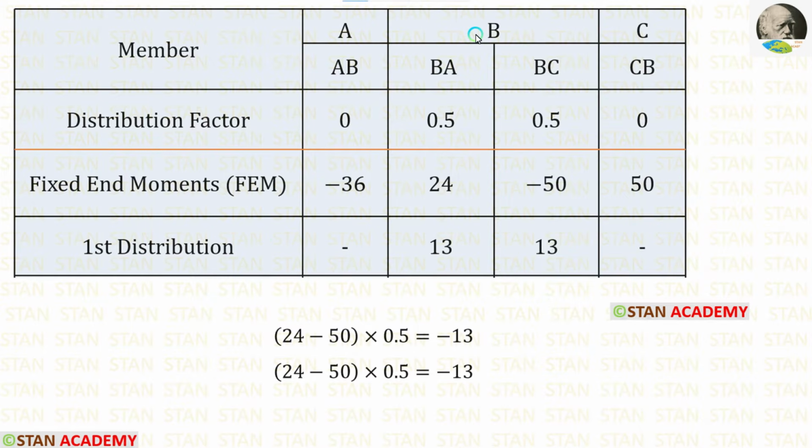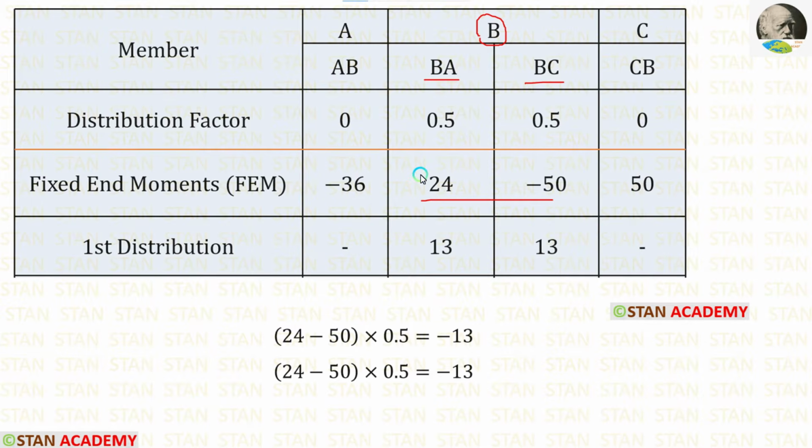Now, let us make the first distribution. The distribution can be done only on the joints. In this problem, there is only one joint, that is joint B. Under the joint B, we are having two members BA and BC. For them, we are having fixed end moments.